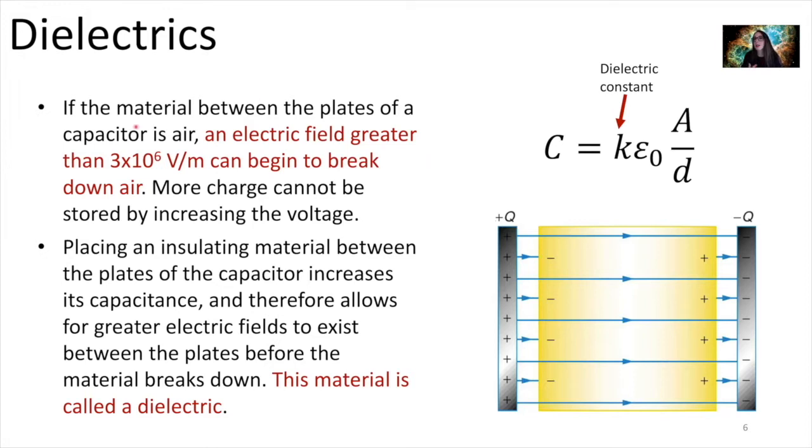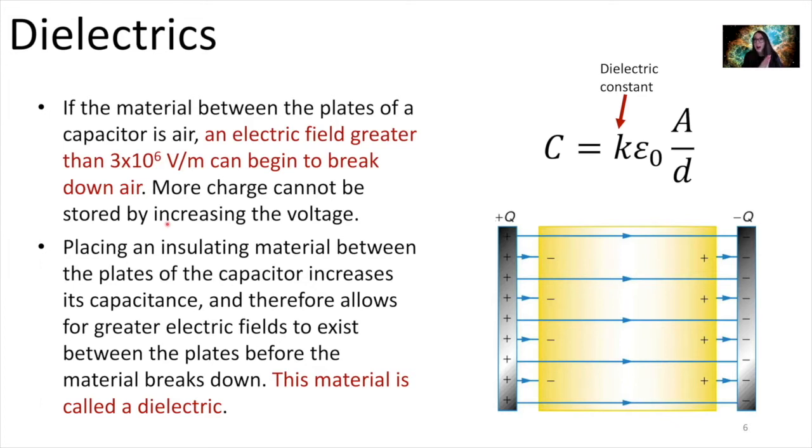So if the material between the plates of your capacitor is air, an electric field greater than 3 times 10 to the 6 volts per meter can begin to break down the air, and it can cause your capacitor to fail. And in that case, more charge cannot be stored by increasing the voltage across the capacitor.